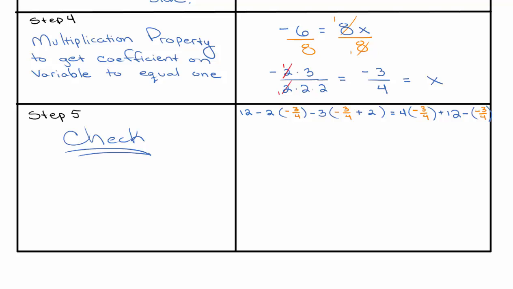Now we get to simplify all of this. Yay! 12 minus, I'm going to write this as 2 over 1 because I'm going to have to multiply it with a fraction. And here I'm going to write this 2 in the parentheses as a 2 over 1 because I'm going to have to get a common denominator, and I can already tell that that common denominator is going to have to be 4.